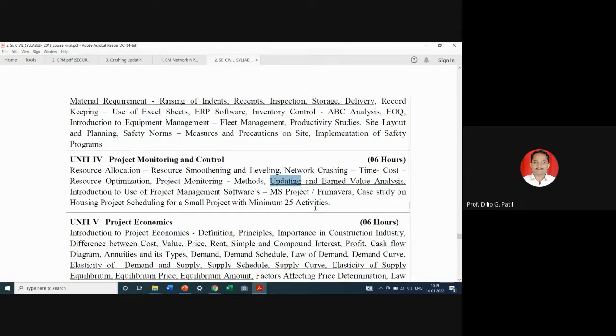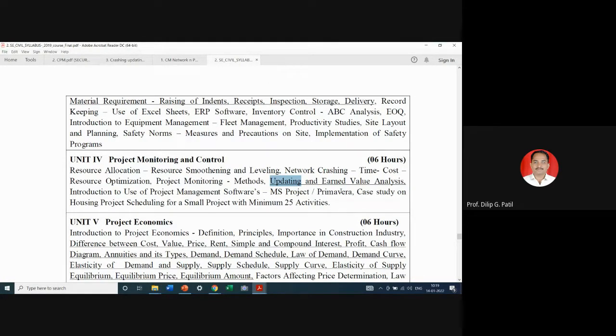And for the activities which are yet to be started, we need to check whether there is any change in the duration of these activities for any reason, maybe due to non-completion of earlier activities or due to change in some design of that particular project.